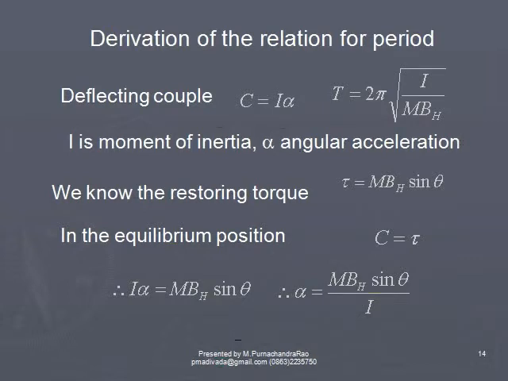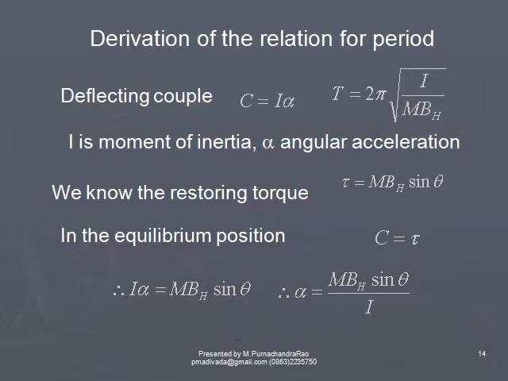If alpha is the angular acceleration, and I is the moment of inertia of the magnet, then this deflecting couple C is equal to I alpha.